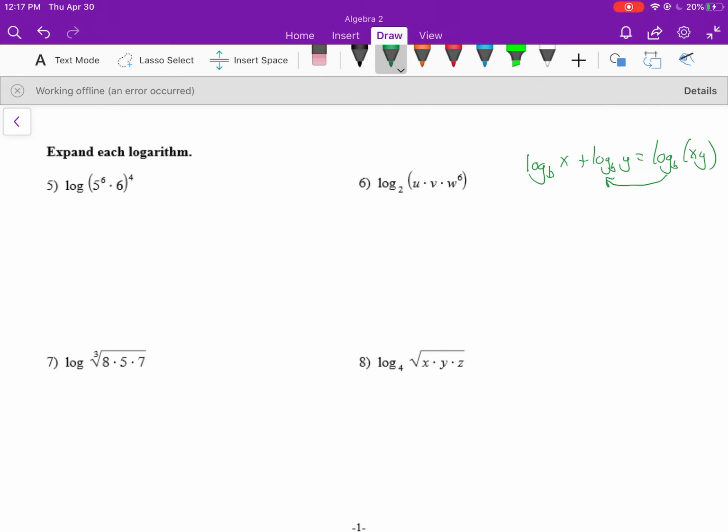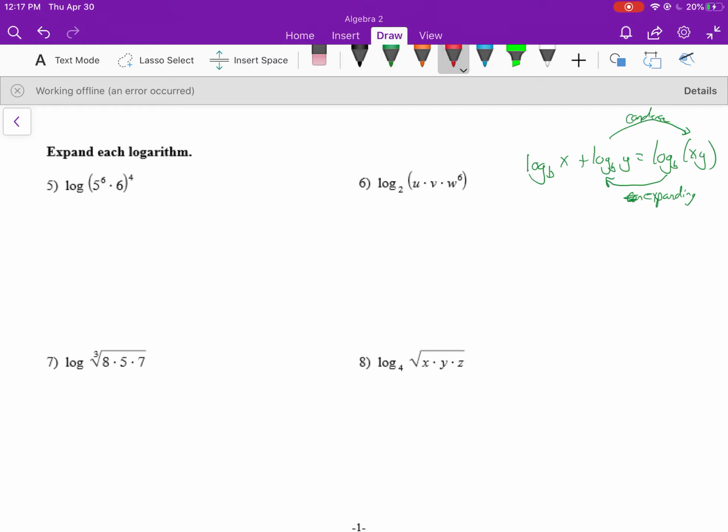So actually we're going to be going this direction for expanding, because we're expanding first. And then if you condense, you're kind of going this direction, where you start maybe with addition and going the other way. So this would be to condense.